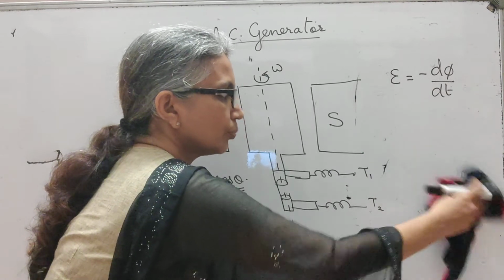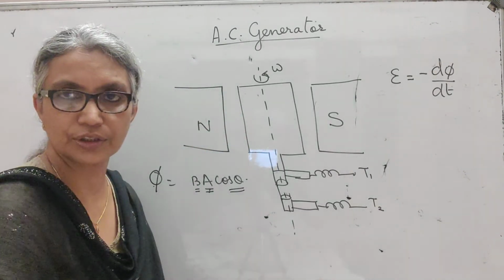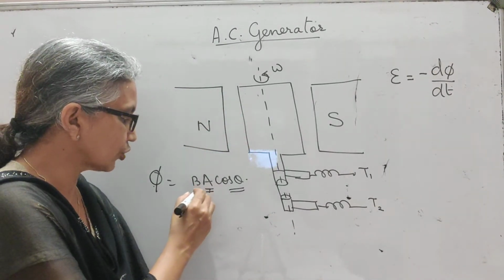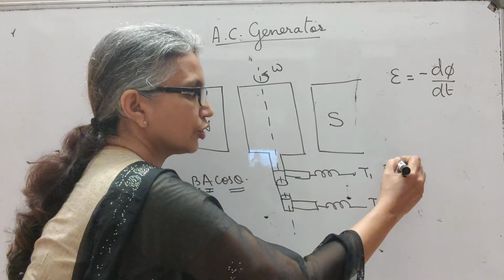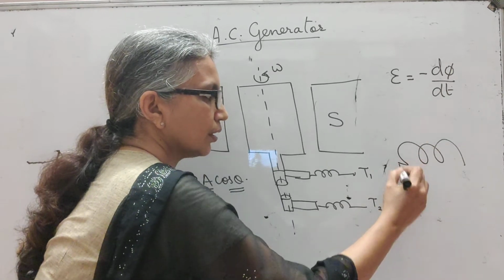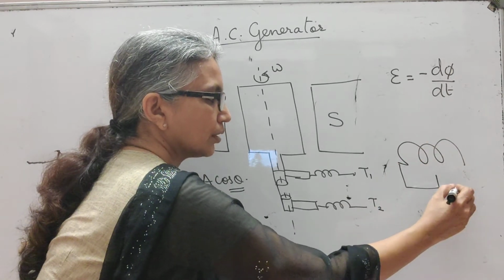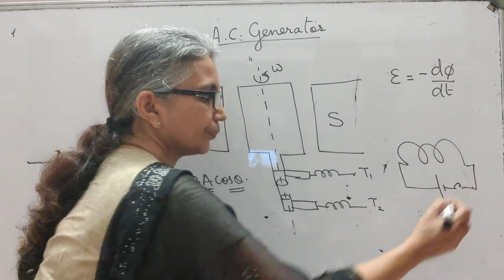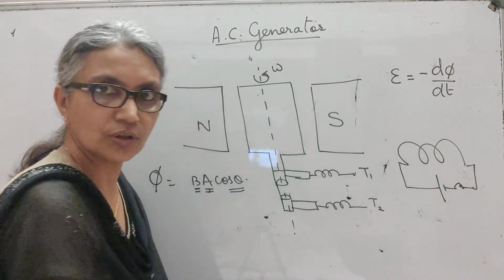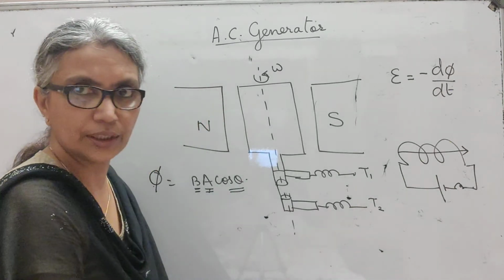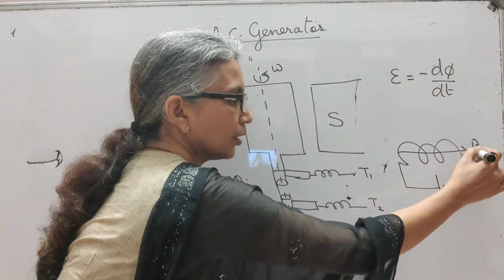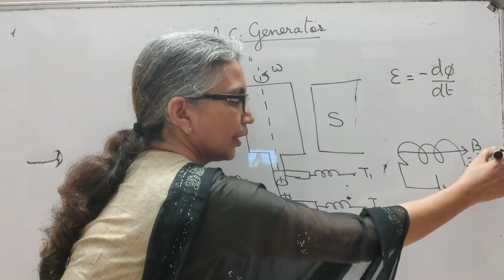Now, when we went on to mutual induction and self-induction, we found that it is actually a change in magnetic field. We had this coil connected to a battery and, let's say, a key. As soon as I switch on the key, we are increasing the current through the coil, and the magnetic field here is given by mu 0 N i.